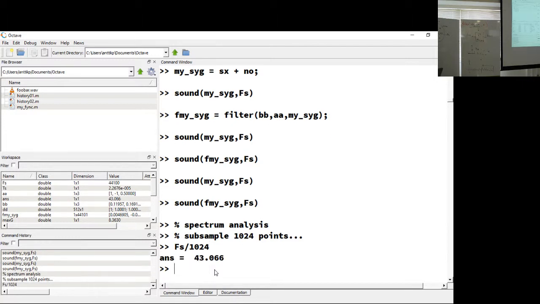So basically the Fourier transform takes as many data points as you have selected and divides them into as many frequencies on the frequency axis. So my frequency resolution for the spectrum is about 43 hertz. Enough for me.